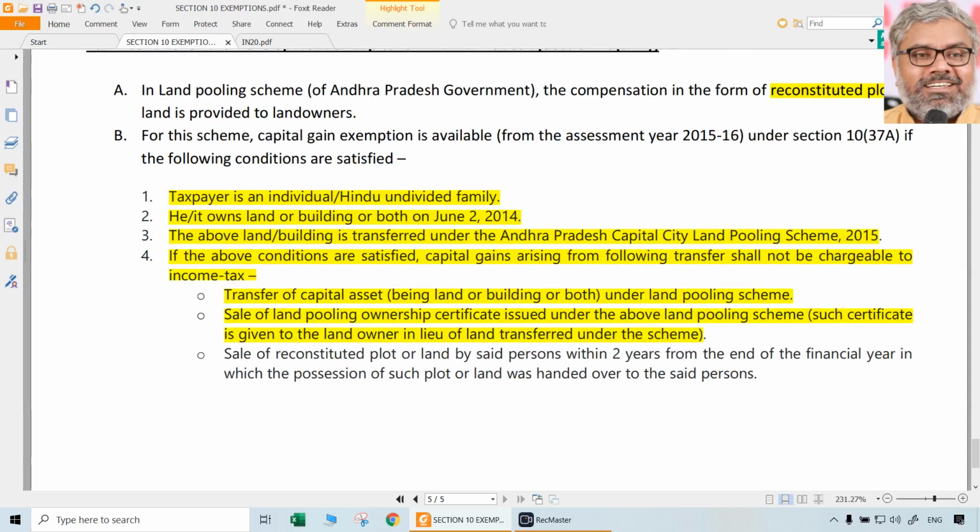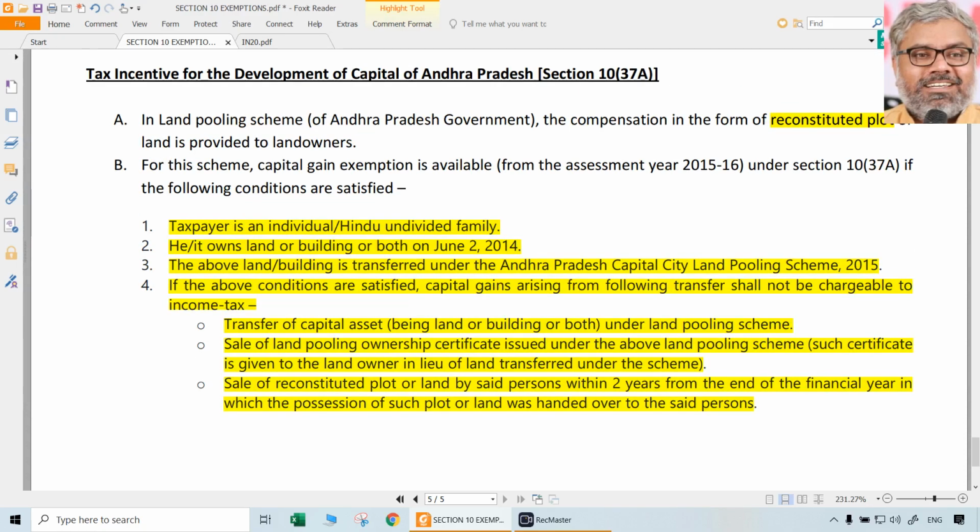Then another point, last point. Some people would have sold these land pooling certificates and some people would have held them, and after owning for a few years, what were they promised? They were promised a reconstituted plot, that is a developed plot from the state government. They got it.